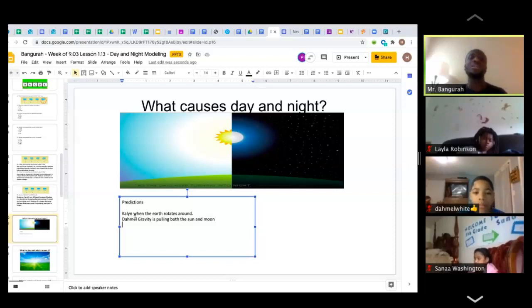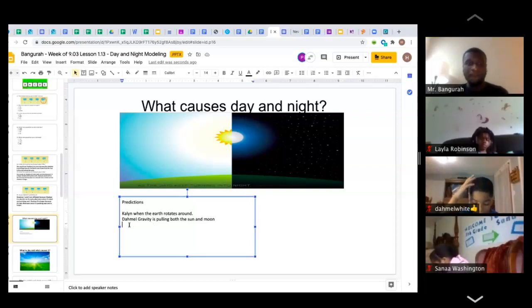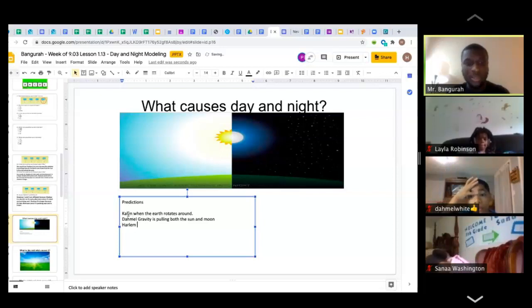Great. And is there anything else that we want to add on our predictions about what causes day and night? All right, Harlem, go ahead. We can't hear you.